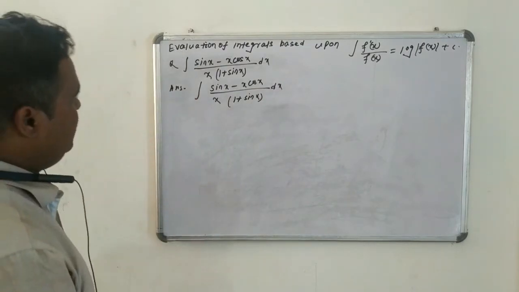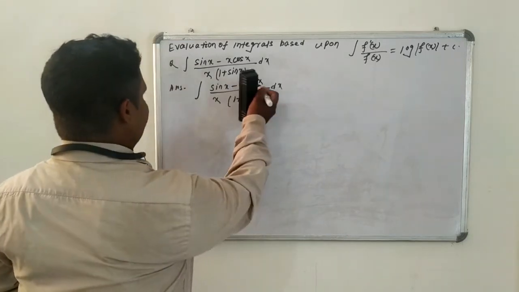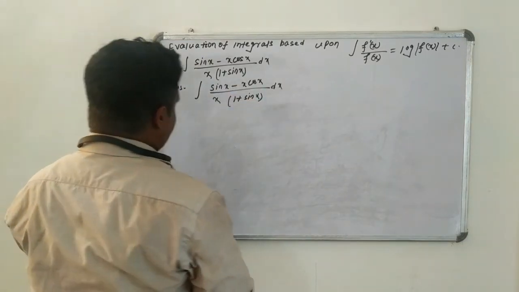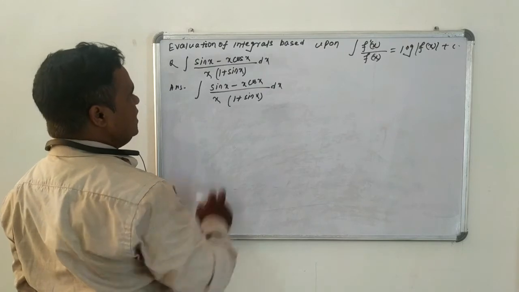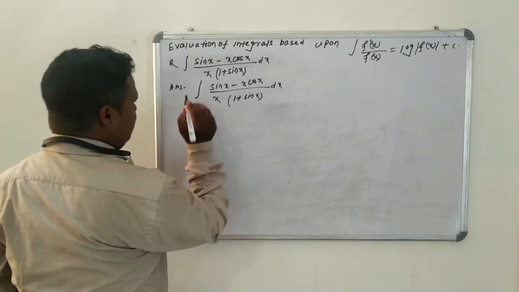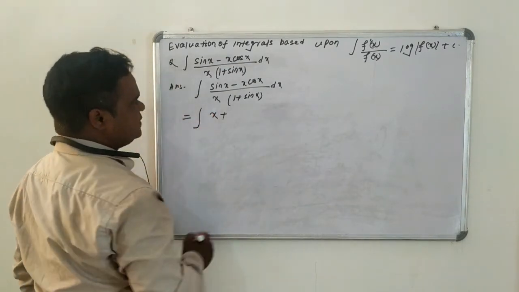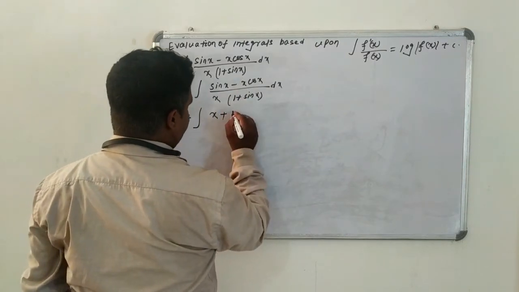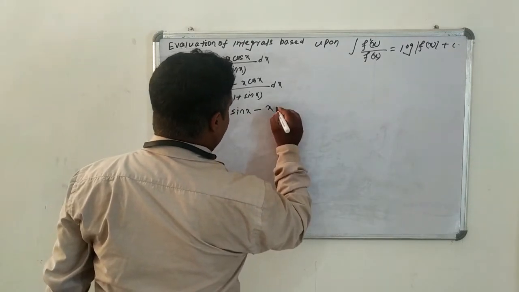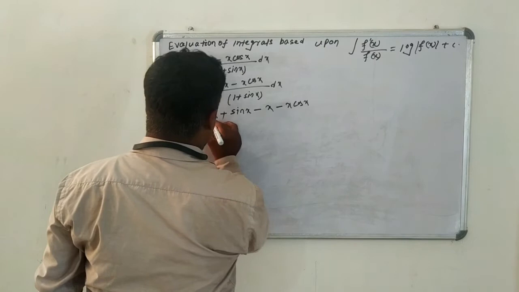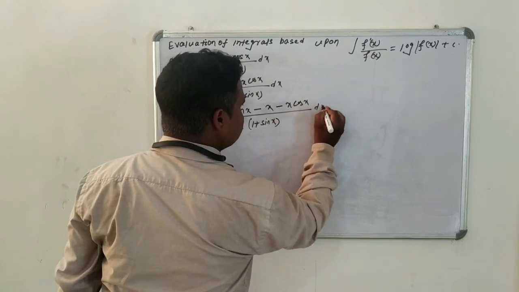Here in the given data the lower part has x as a factor, but in the upper part there are sin x and cos x. First of all, this simple variable factor x cancels. In the given expression we have to add x and subtract x, so sin of x plus x minus x minus x cos of x divided by x multiplied by 1 plus sin x dx.